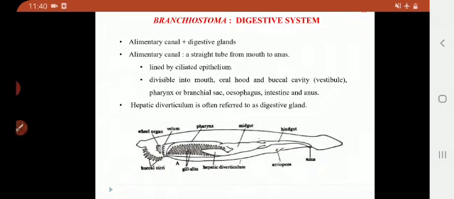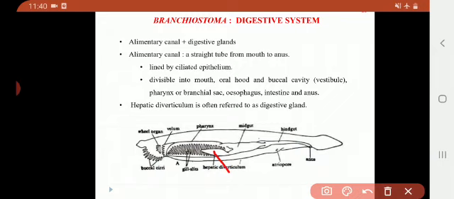Now with regard to digestive glands, Branchiostoma doesn't possess a very elaborate glandular system, especially for digestion. It possesses a diverticulum. This is the diverticulum, the midgut diverticulum we call. Here it is referred to as the hepatic diverticulum because some scientists even refer to this midgut diverticulum as liver.